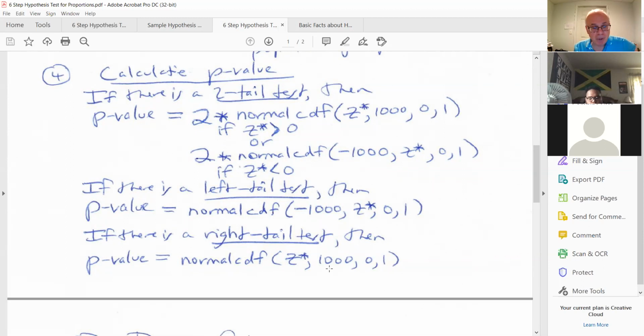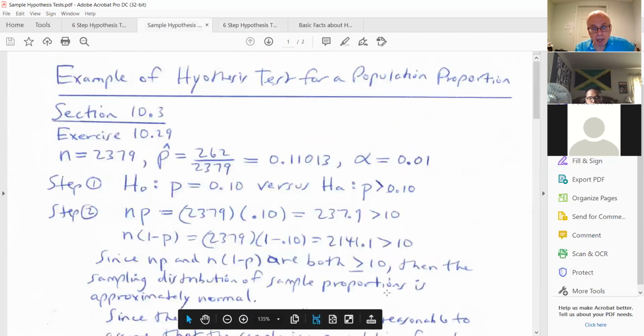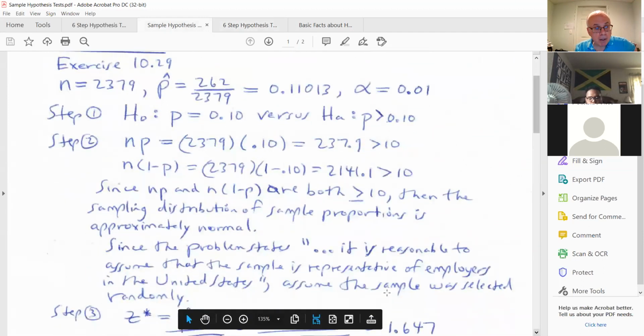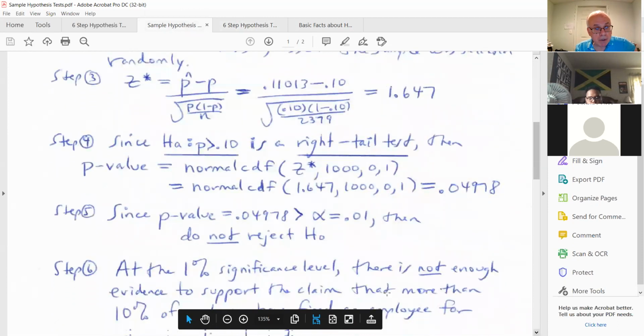All right. So normal CDF, you're going to put your test statistic into first position, 1,000, second position, 0.1. That's your p-value. Okay. Let's go down here. What I did, see it? Let's do it with the calculator.